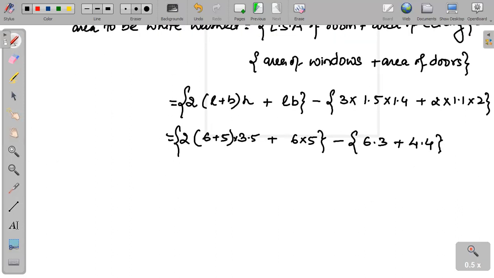This together makes 7 into 11, 77 plus 30, 107, minus 10.7 is equal to 96.3 meters square.